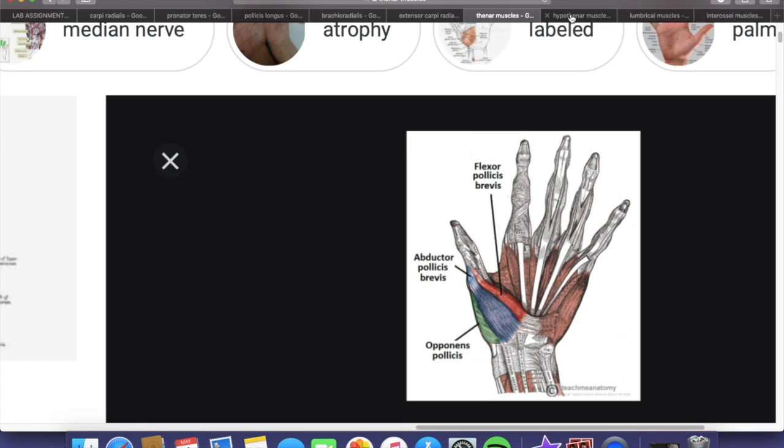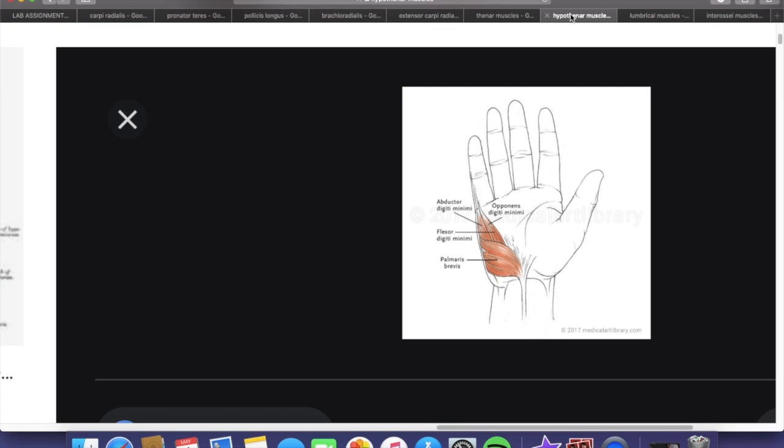The second muscle group of the hand is known as the hypothenar group. The first muscle we have in there is the opponens digiti minimi, and that is responsible for the rotation of the metacarpal of the little finger towards the palm. And that's innervated by the ulnar nerve. The next muscle we have is the abductor digiti minimi right here next to it.